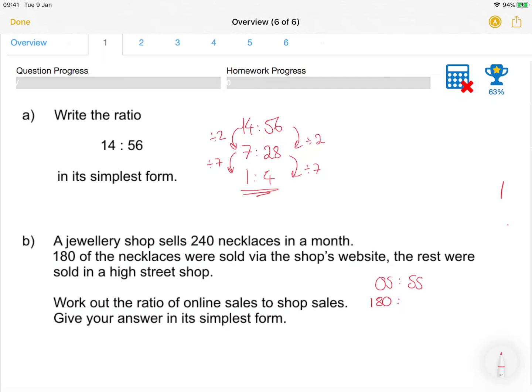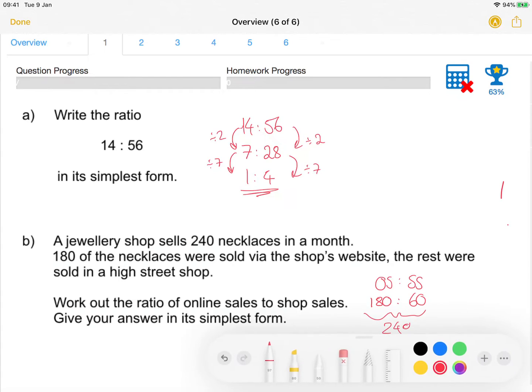So that means that the rest of them must have been in the in-shop sales. So that would mean that there's 60 left over because that now adds to 240. So I know that I've got it in the correct ratio.